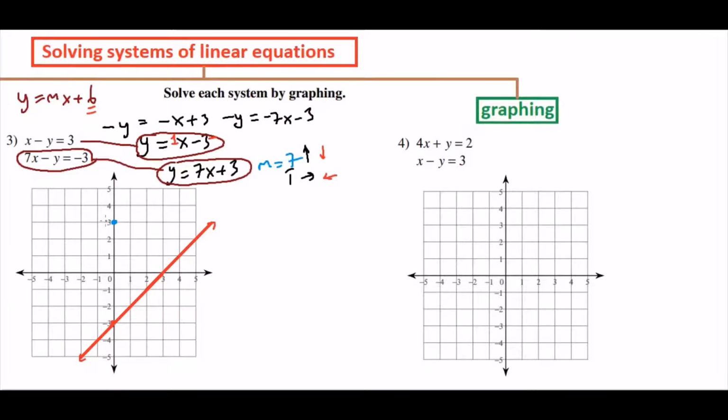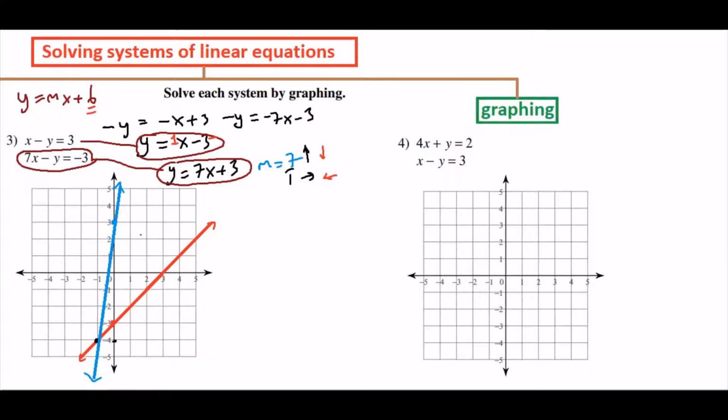Starting from +3, let's go 7 down: 1, 2, 3, 4, 5, 6, 7. 7 down, 1 left. So this is our intersection point. And our line has to be like this, passing through the y-intercept and the point we indicated.